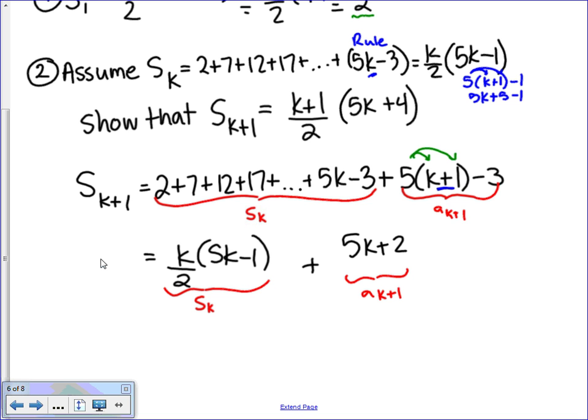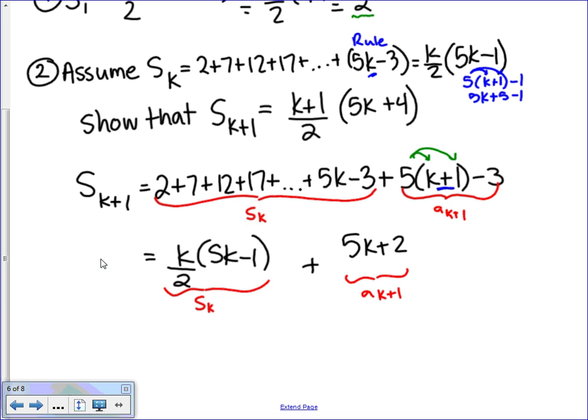Now, I'd like to be able to add those things together. Trouble is, one of them has a denominator of 2. It's that very first S sub k, that's a fraction. And in order to be able to add fractions, I need common denominators.